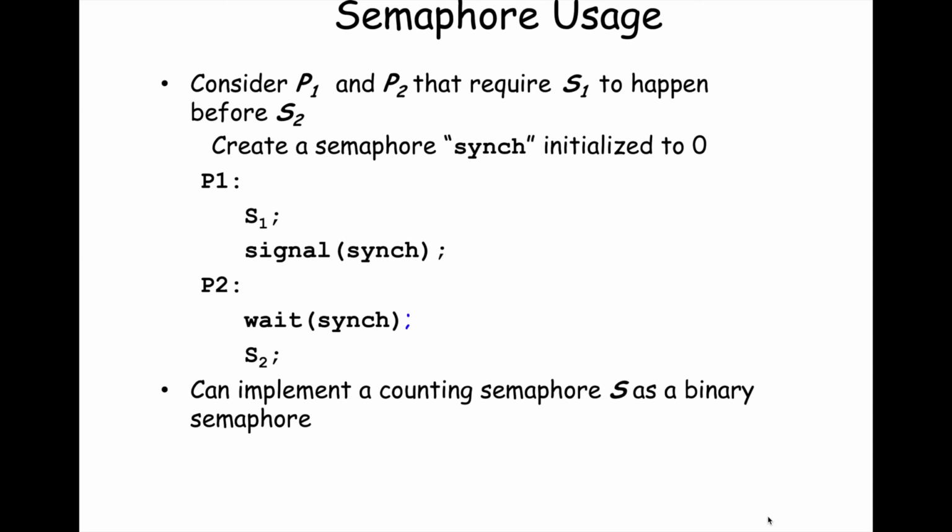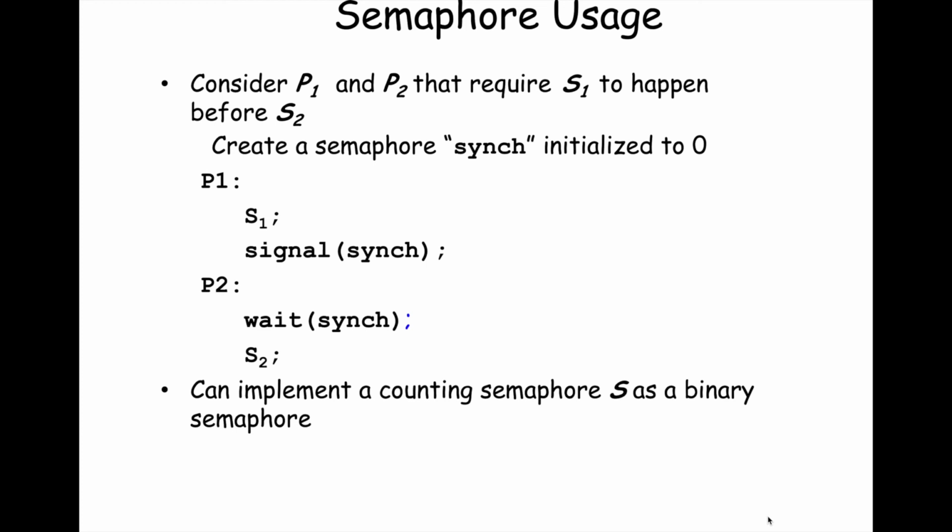Of course, they're both on the ready queue, and you don't know the order in which the short-term scheduler is going to select them. So how do you get a certain execution order, with S1 happening first and S2 happening second, if you don't know which process is going to execute first?